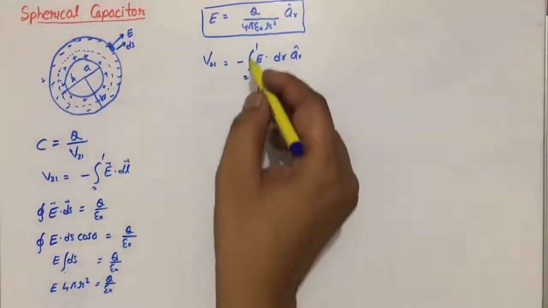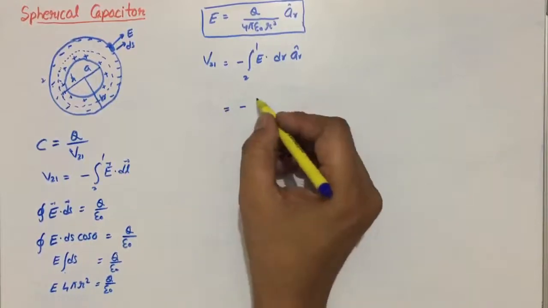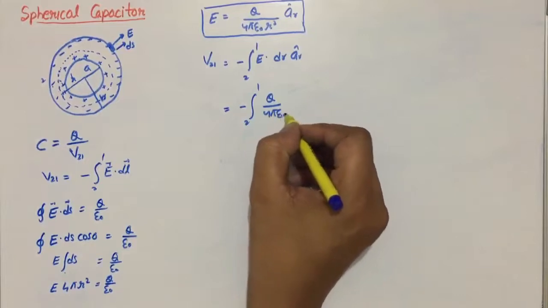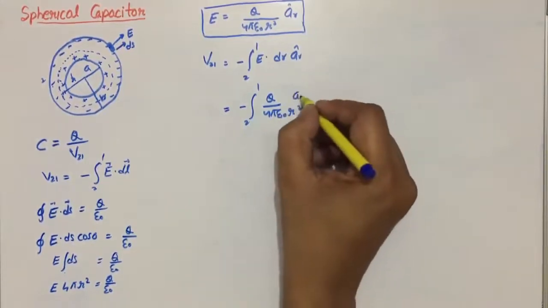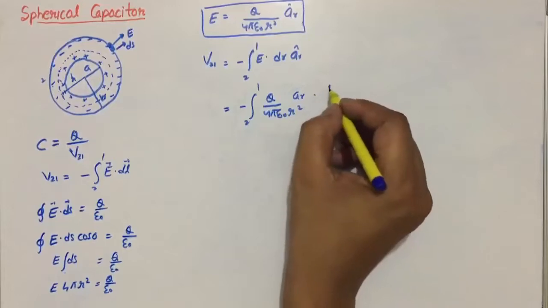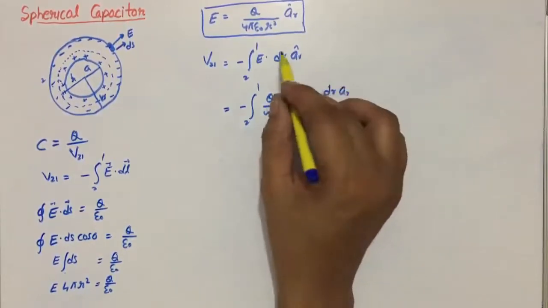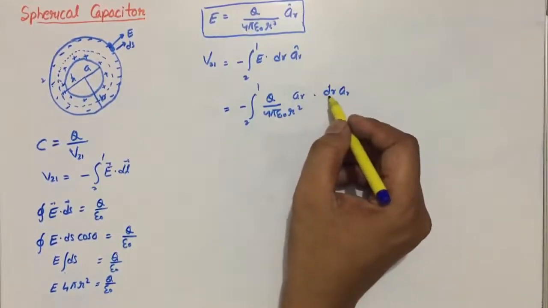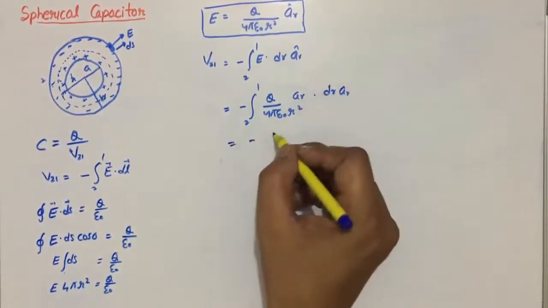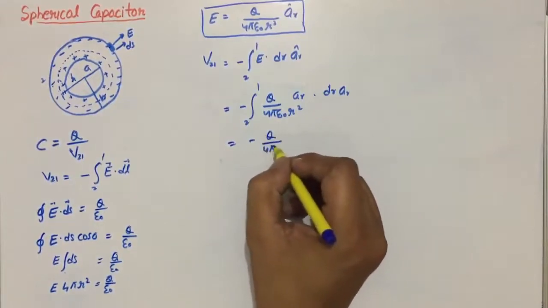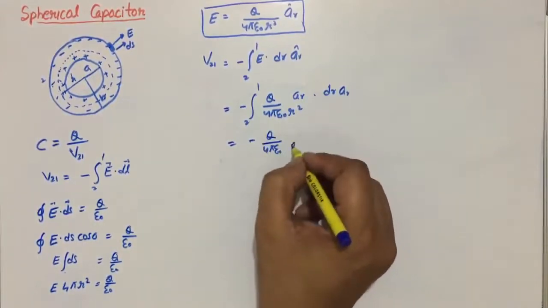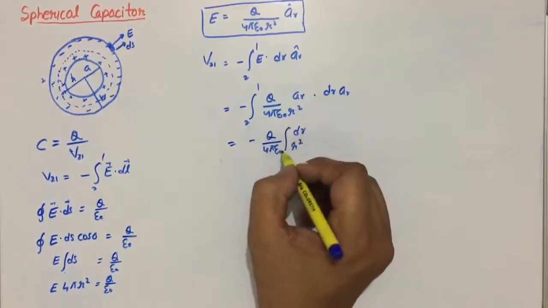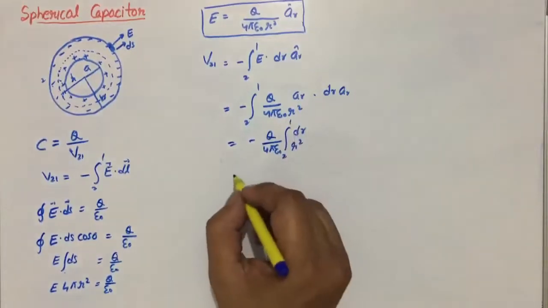Now put the value of E from here and we get minus the integral of q by 4 pi epsilon naught r square ar dot dr ar. Now ar and ar dot product will give you 1 and the remaining will be the integral of dr by r square. We can take the constants outside, then it will be like that.